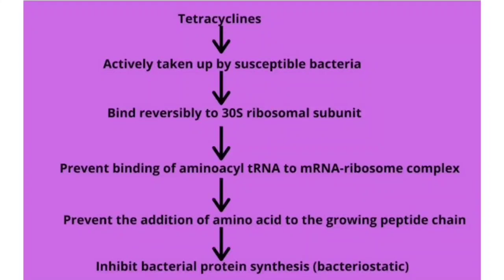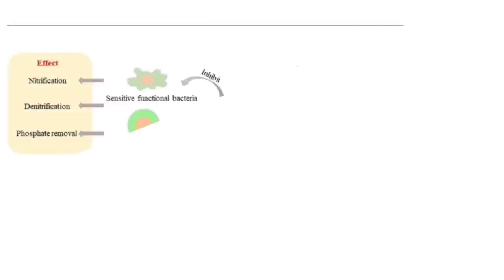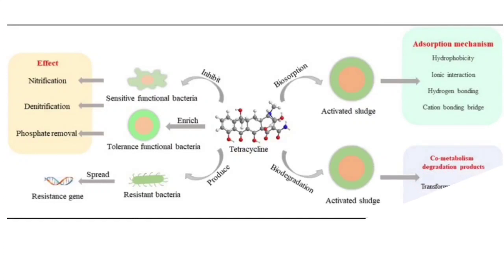B. Interaction of tetracyclines with bacterial ribosomes. Once the tetracyclines gain access to bacterial cell, they bind to the 30S ribosomal subunit. They prevent binding access of aminoacyl tRNA to the acceptor A site on the mRNA ribosome complex.